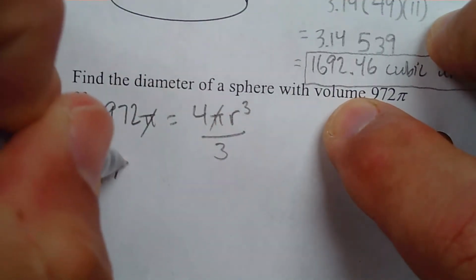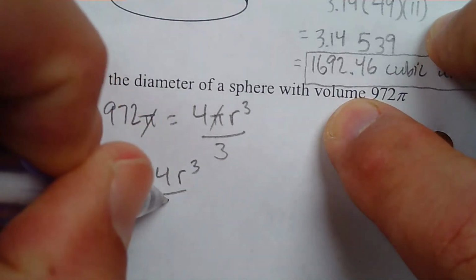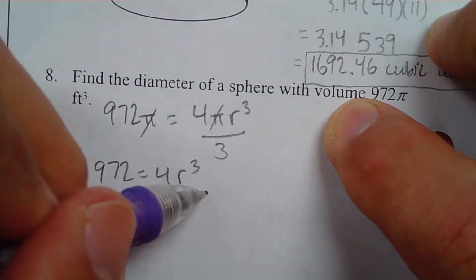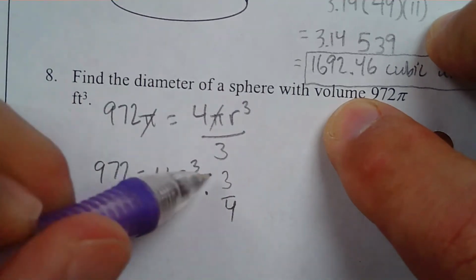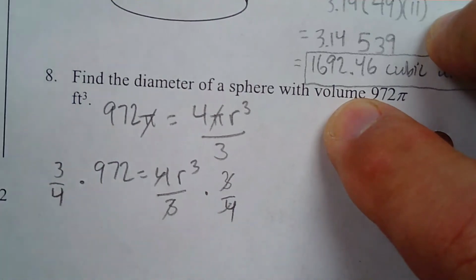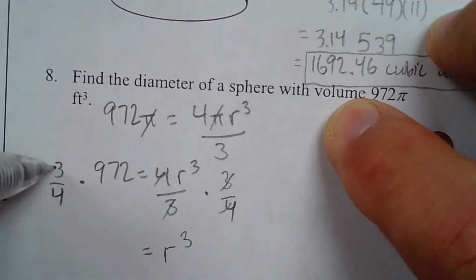So you have 972 is equal to 4 times the radius cubed divided by 3. I could multiply by 3/4. That gets these to cancel, but I have to multiply this by 3/4. And so that means the radius cubed is equal to 3 times 972 divided by 4.